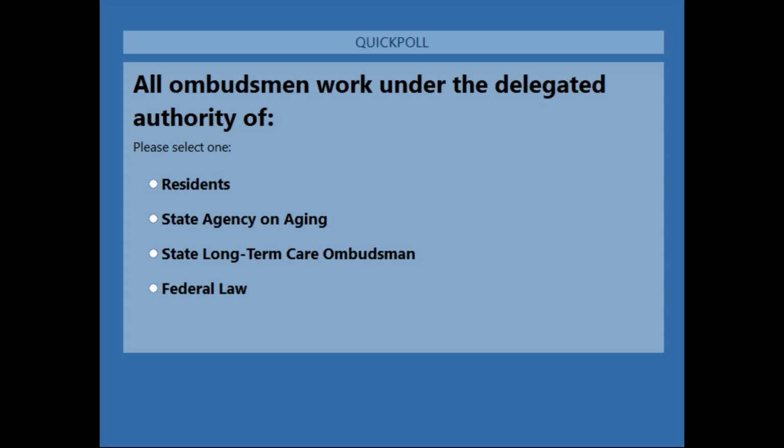And if you have others in your program take the quiz, you can access their results by using the code that's been given to you. And if you need your code, contact Katie or myself and we can send that to you. There is a separate code for each of the different modules.